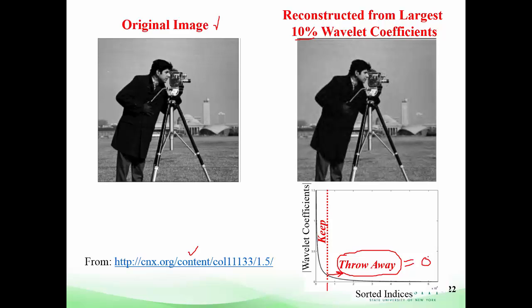So you can see that even in just this very crude way of doing it, we've reduced the amount of data that we had to store to 1/10 of what we had before, and the image is quite recognizable. You can see some artifacts here.